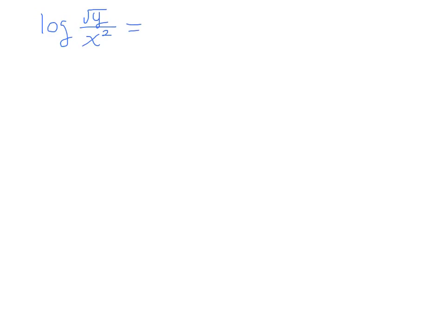I would write it as log of, square root of y, that means raising to the half power, so it's an exponent, comes to the front, so it's 1/2 log of y. Division means subtraction, minus, I have an exponent again, 2 log of x.